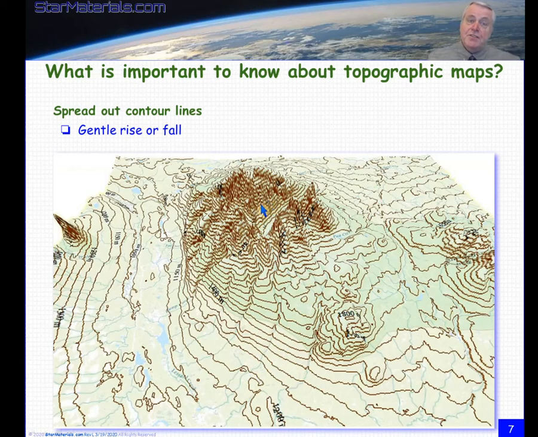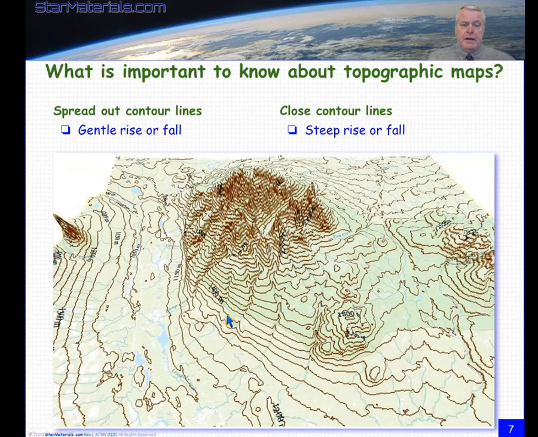That's because it is a mountain. If they're a gentle rise or fall, like down here, see how they're kind of spread out as you go to the bottom from the mountain? They spread out, more gentle. So this would be less of a steepness than compared to these mountains here. If they're close together, they're steep.